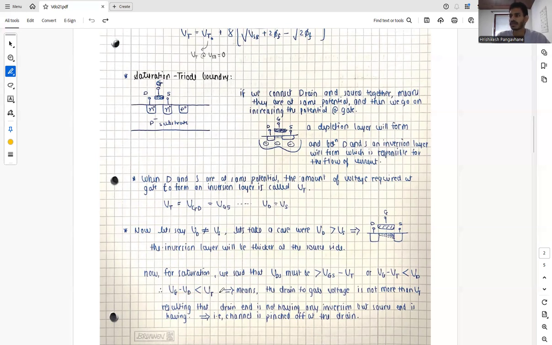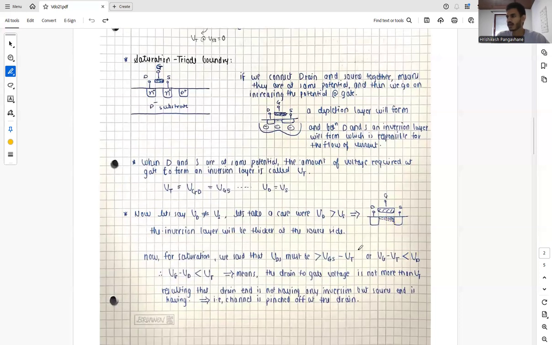This means the drain to gate voltage is not more than VT, and the result is that the drain end is not having any inversion, but the source end is having inversion. The inversion looks like this: at the drain junction there is almost no inversion, at the source junction there is a greater amount of inversion, and the channel is pinched off at the drain.